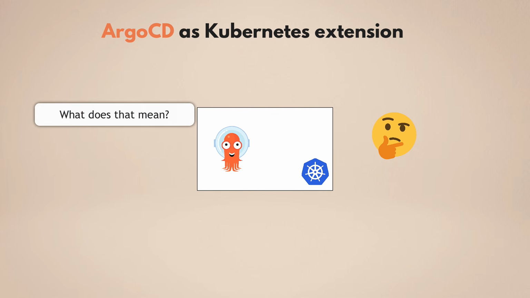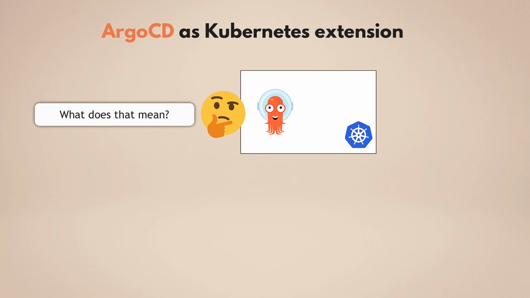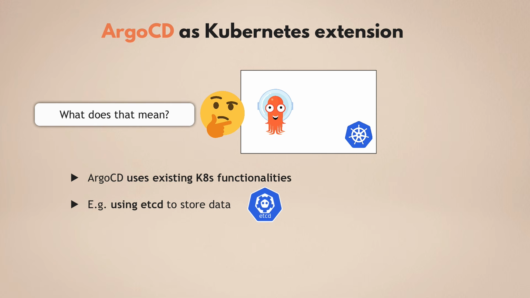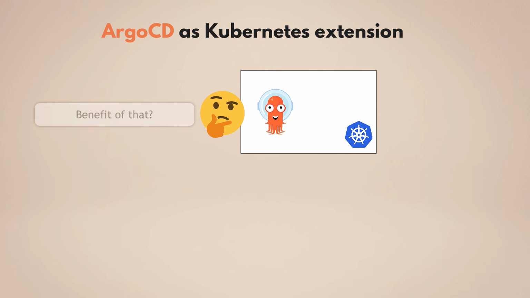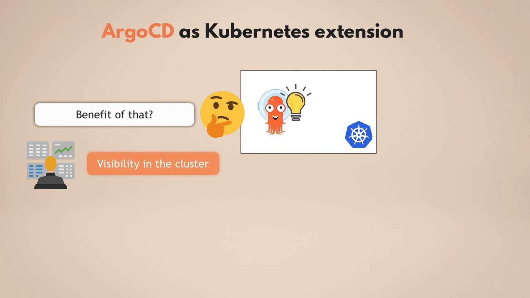So ArgoCD actually leverages the Kubernetes resources itself, and instead of building all the functionality itself, it uses some of the existing Kubernetes functionalities for doing its job, like using etcd for storing the data and using Kubernetes controllers for monitoring and comparing the actual and desired state. And what is the benefit of that? The main benefit is the visibility in the cluster that Jenkins, for example, does not have. That allows ArgoCD to give us real-time updates of the application state.